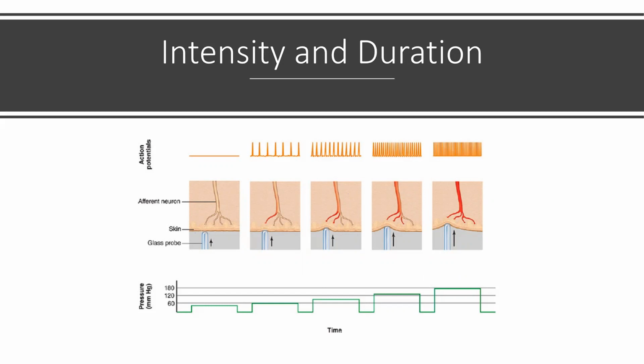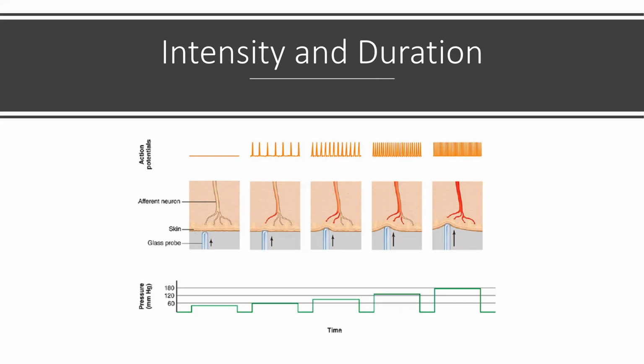So receptors can be classified as rapidly adapting, or what we call phasic receptors, versus slowly adapting, or tonic receptors. For example, your Meissner and your Pacinian corpuscles are rapidly adapting receptors. In other words, you can feel the stimulus, but once that sensation is sustained, the Meissner and Pacinian corpuscles will rapidly adapt, and then they will no longer fire, even with continued presence of the stimulus.